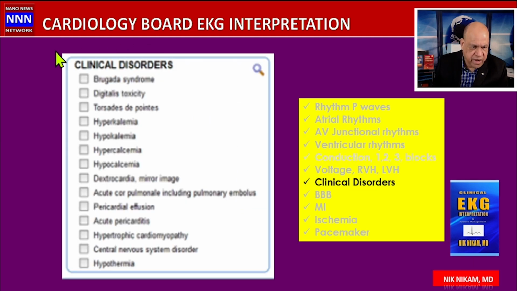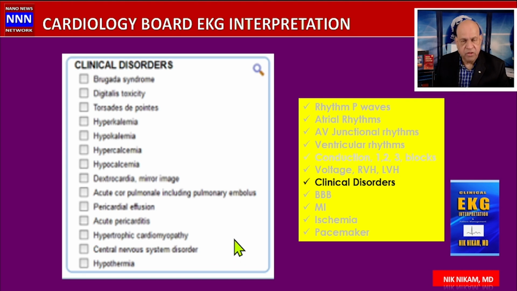I just expanded some of the conditions that have been covered under these clinical disorders, including Brugada syndrome, digitalis toxicity, torsade, hyperkalemia, hypokalemia, hypercalcemia, dextrocardia, cor pulmonale, pericardial effusion, acute pericarditis, hypertrophic cardiomyopathy, central nervous system disorders, and hypothermia.